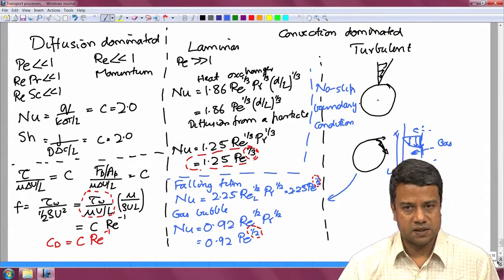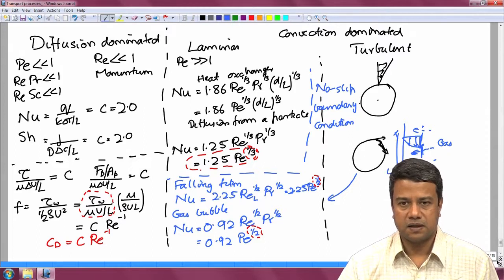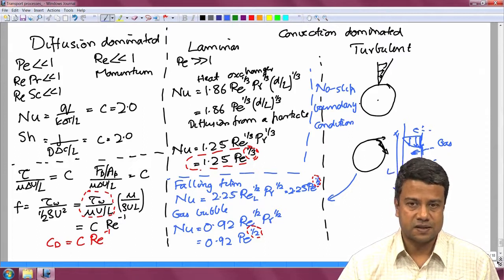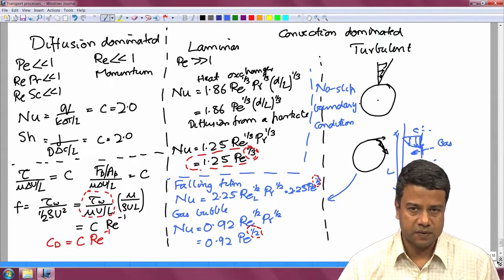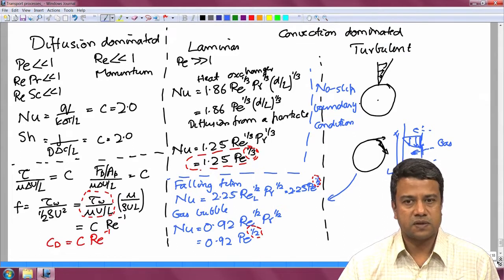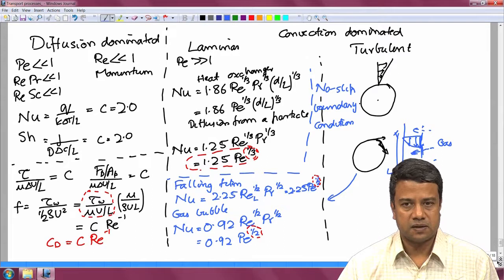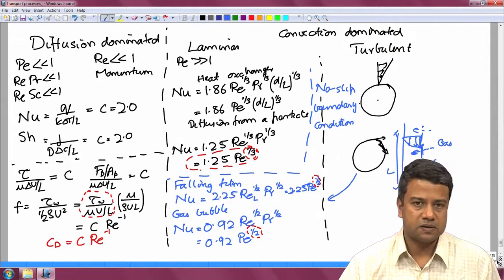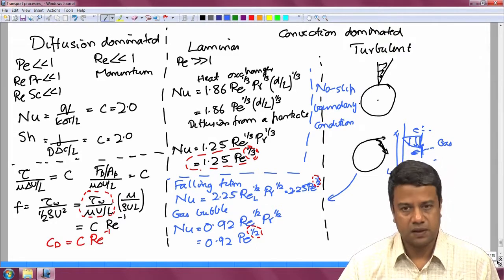Similarly, the shear stress scaled by viscous scales, the viscosity times the velocity divided by a length scale. You can verify that that has dimensions of stress from Newton's law. That has to tend to a constant. Whether it is for a pipe flow, for the flow past a particle, wherever diffusion is dominant or where the Reynolds number is low, this ratio has to tend to a constant value.